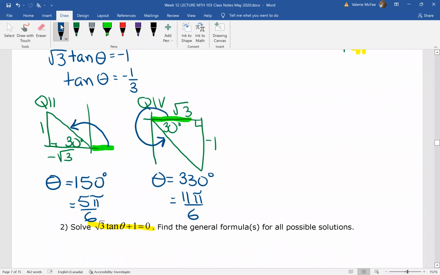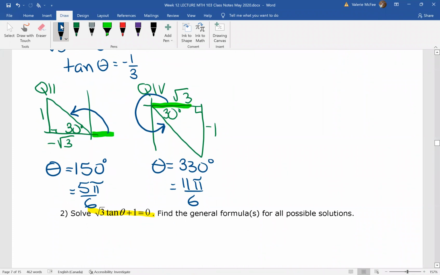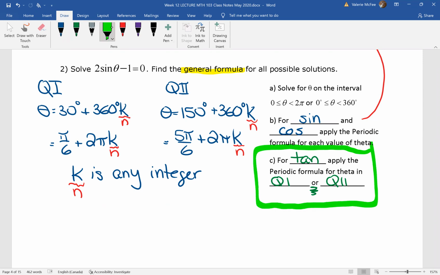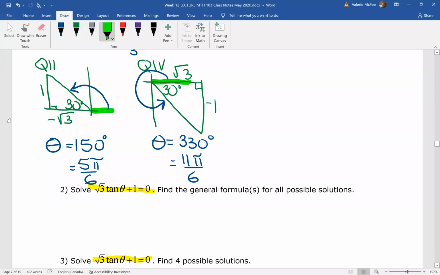Now, in question 2, we're asked to find the general formula for all possible solutions. And I want you to remember from the first lesson this week that we said for tangent, we're applying the formula only to quadrant 1 or quadrant 2. We don't have a quadrant 1 answer here.